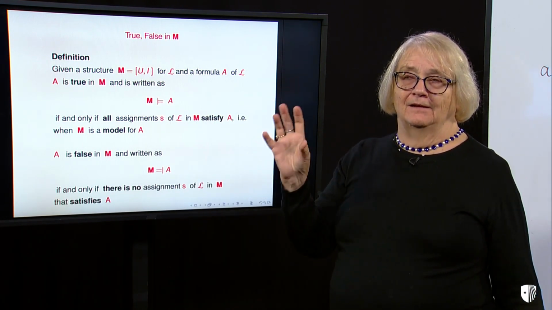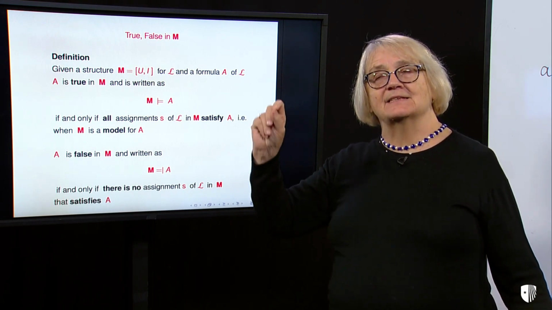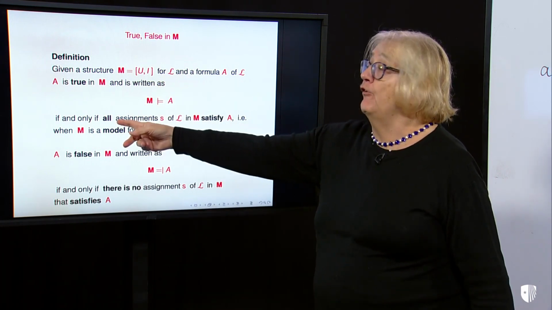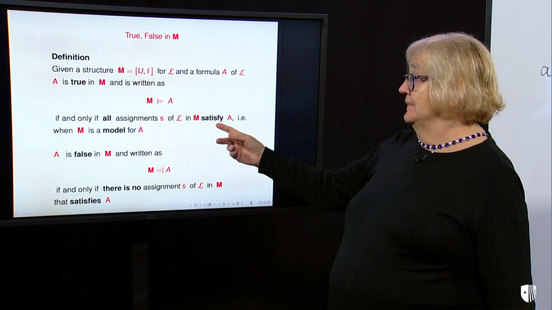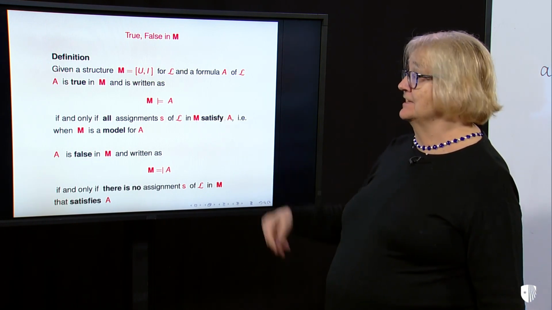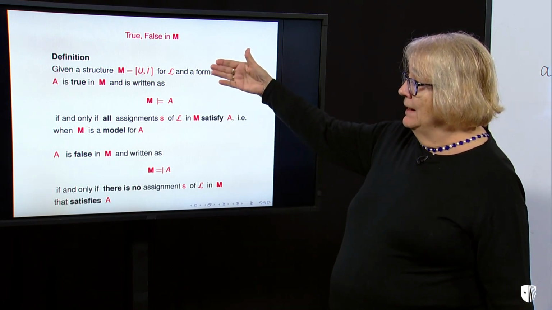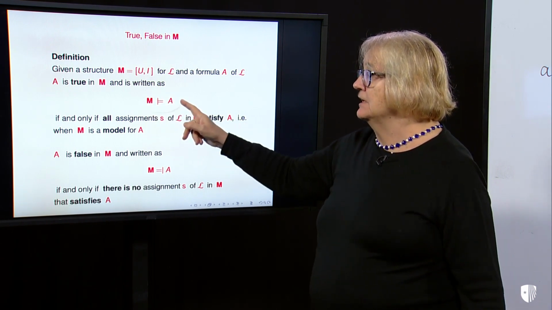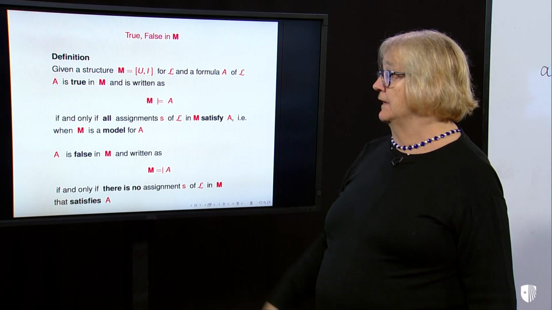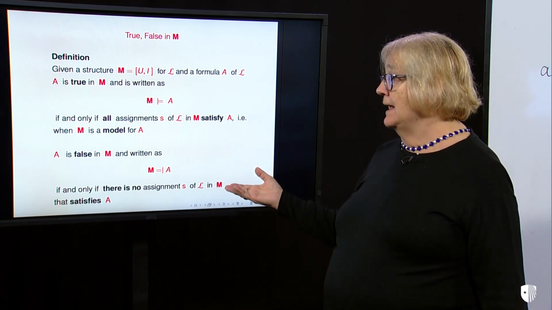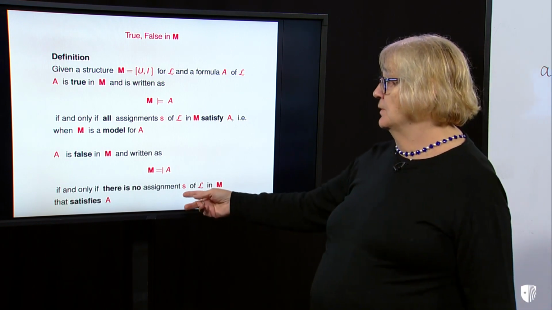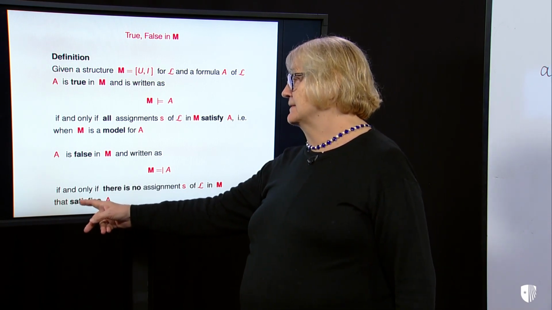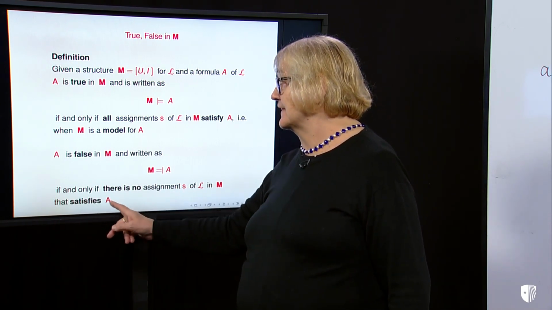Before it was M and S satisfies A. Now we say A is true in the structure, and we write it like that, if for all assignments S, M satisfies A. When we write M satisfies A, it means M is a model of A. And A is false in M if and only if there is no assignment S in M that satisfies A.